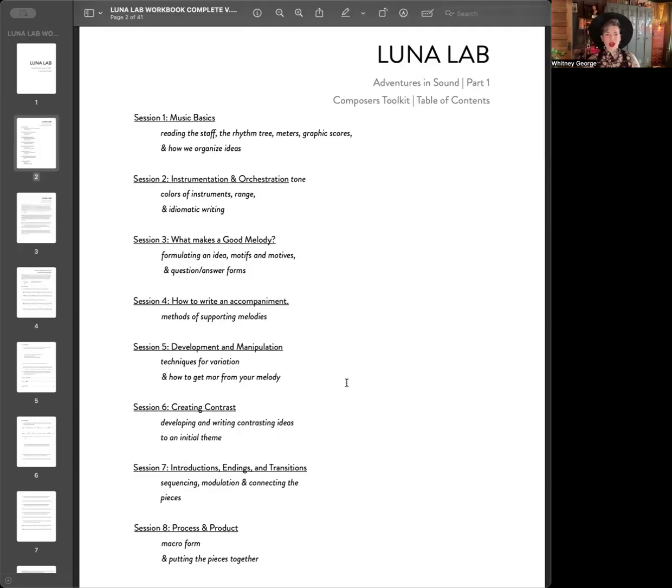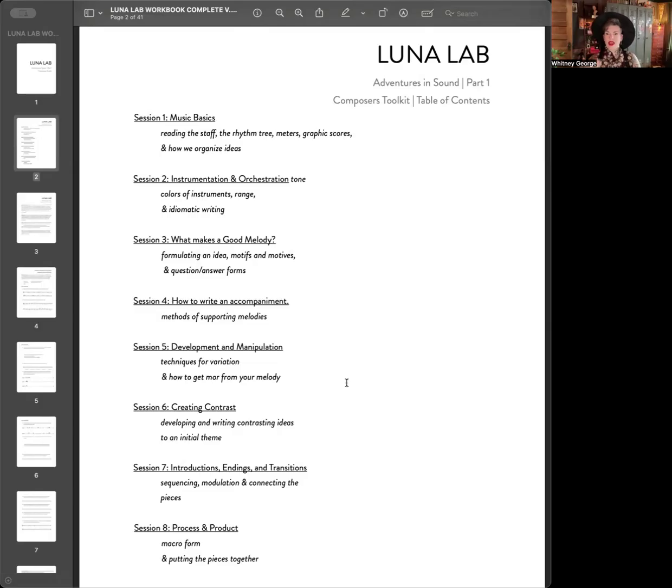Going back to our notebook, in session three, we talk about what makes a good melody. We talk about how to formulate an idea, a motif, what makes motives and motifs different from one another, and question and answer forms that are really prevalent in pieces of music, honestly throughout the entire canon, from Renaissance music up to our 21st century and contemporary works.